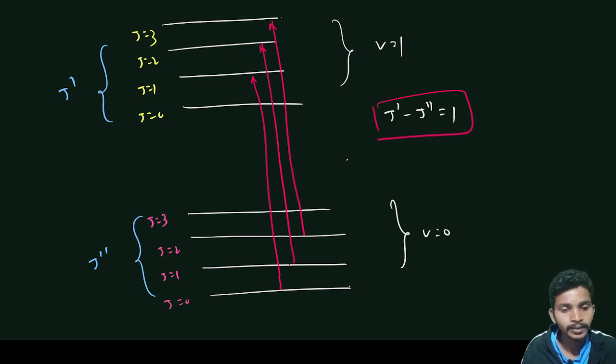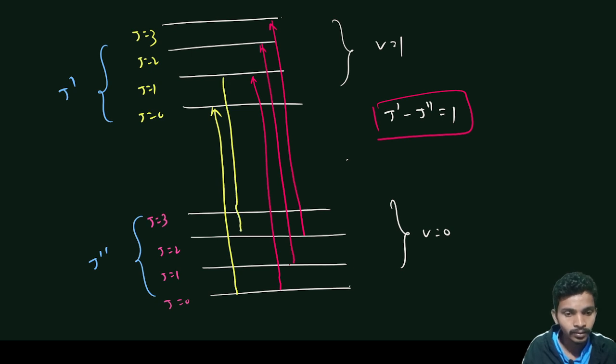Okay, another transitions are, let's say, from here going down, this type of transitions. Sorry, not this transition. I can do this type of transitions.